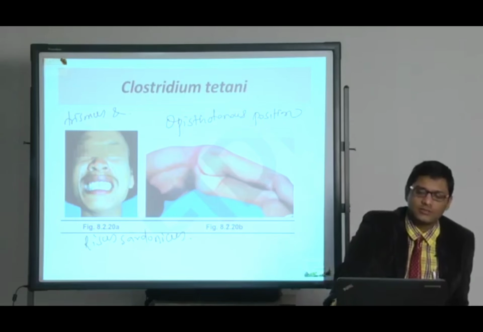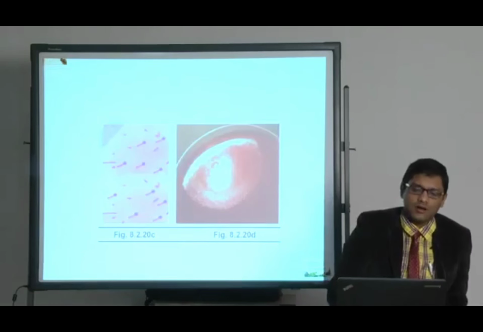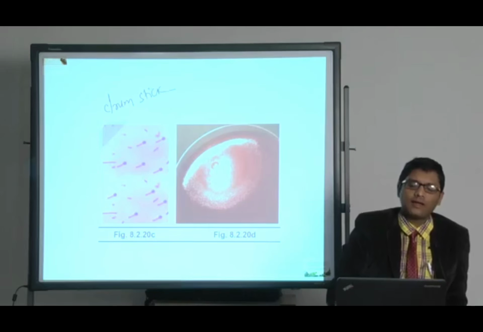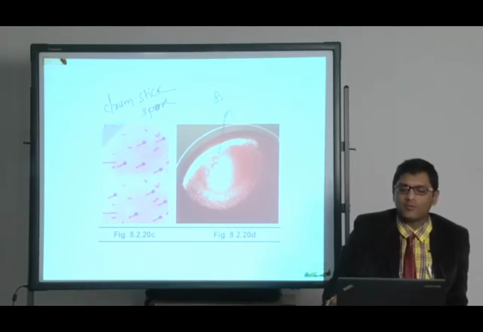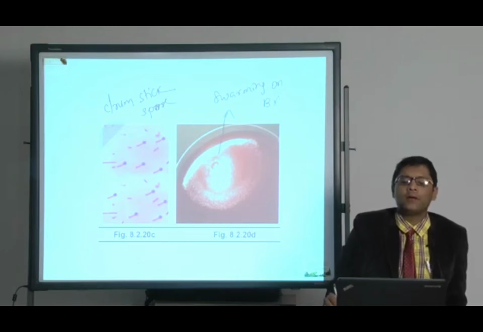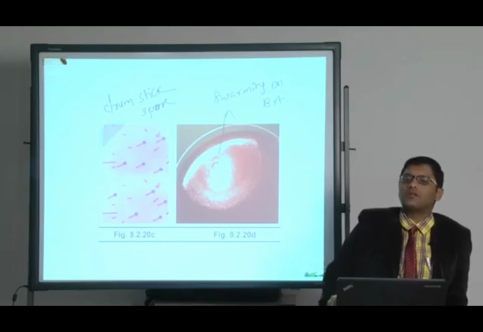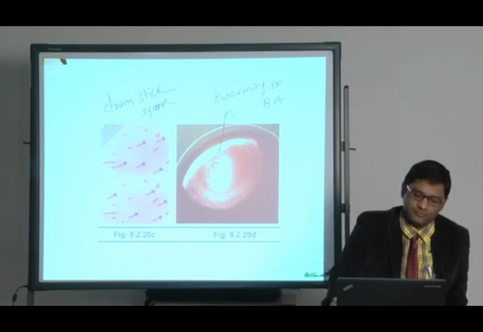Drumstick appearance spore, characteristic feature of Clostridium tetani. Clostridium tetani typically swarms on blood agar.